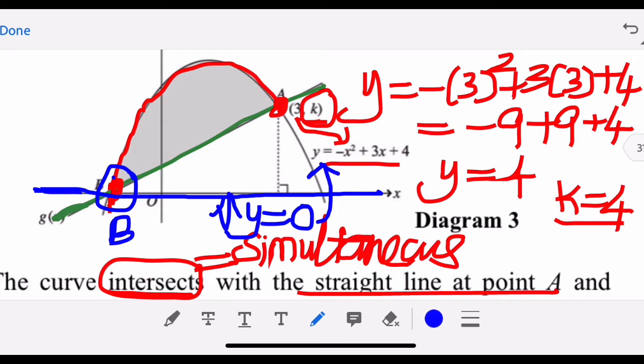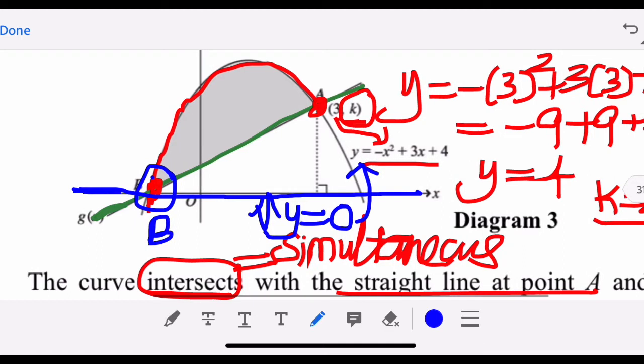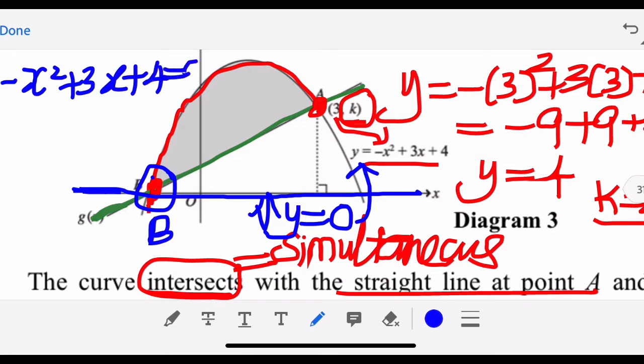We solve the quadratic equation to get the x-intercepts. We will get 2: one is here, one is here. There are 2 intersections for the x.